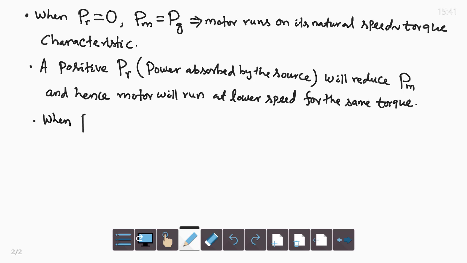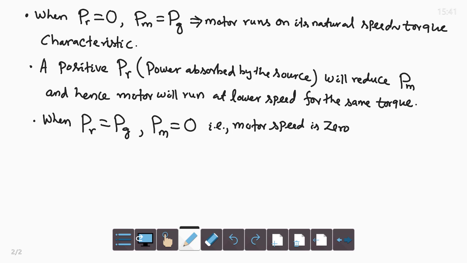When PR equals Pg, Pm is 0, that is, the motor speed is 0, because mechanical power is 0.